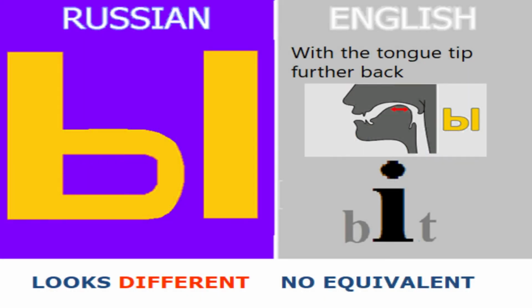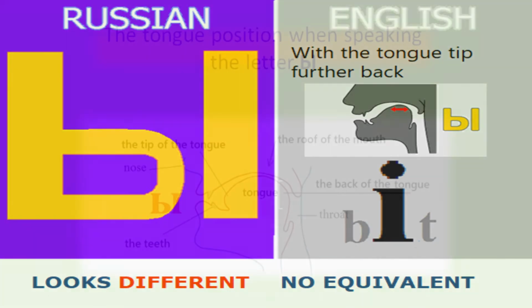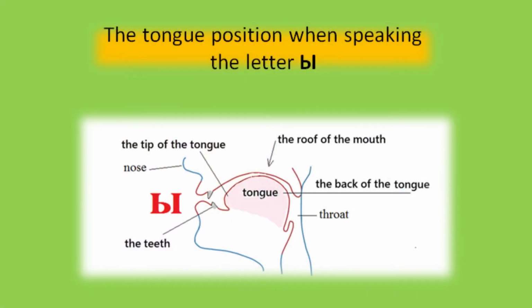The next Russian letter is the vowel U. This letter has no equivalent sound in English. To pronounce this Russian letter correctly, you need to consider the correct position of your tongue. Now, imagine that your tongue is a snail, and you are trying to hide your tongue, snail, at the back of your shell.